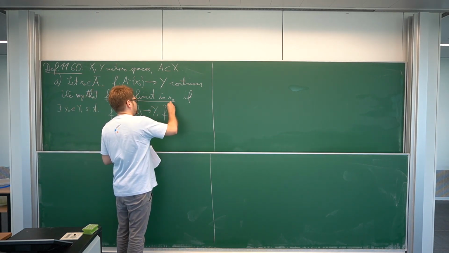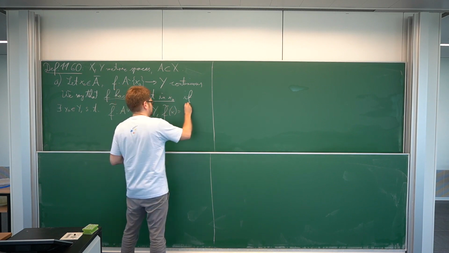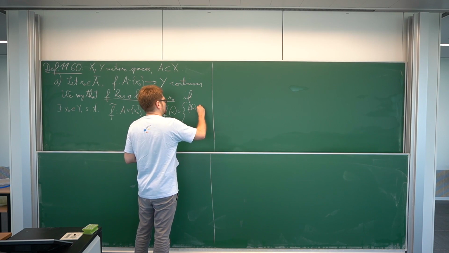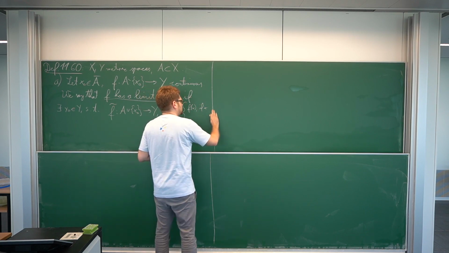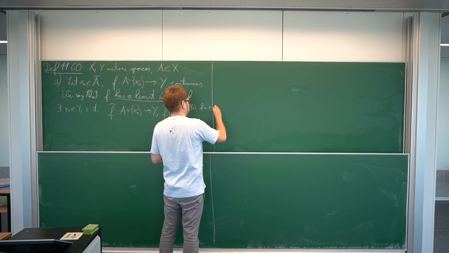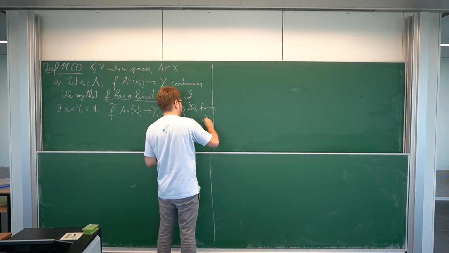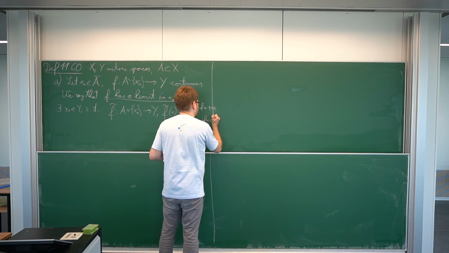The map f tilde of x is f of x if x is not equal to x0, or it is y0, this new point, if x equals x0.